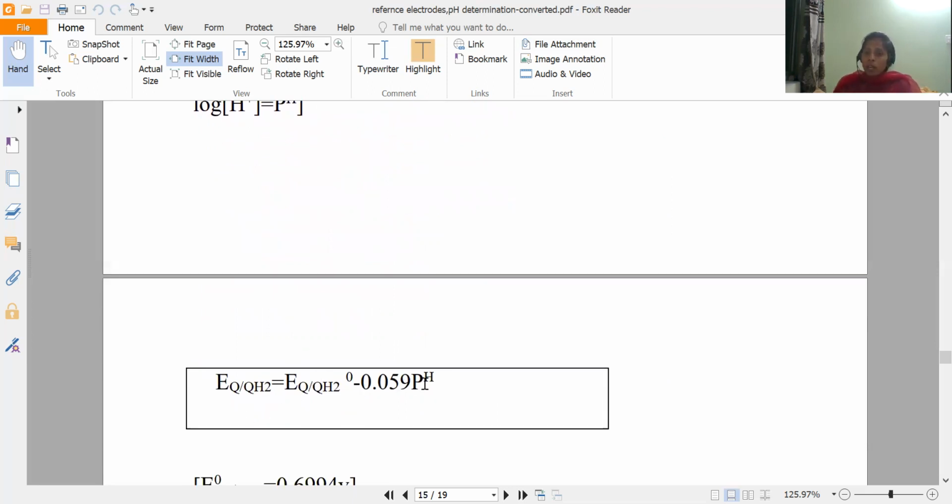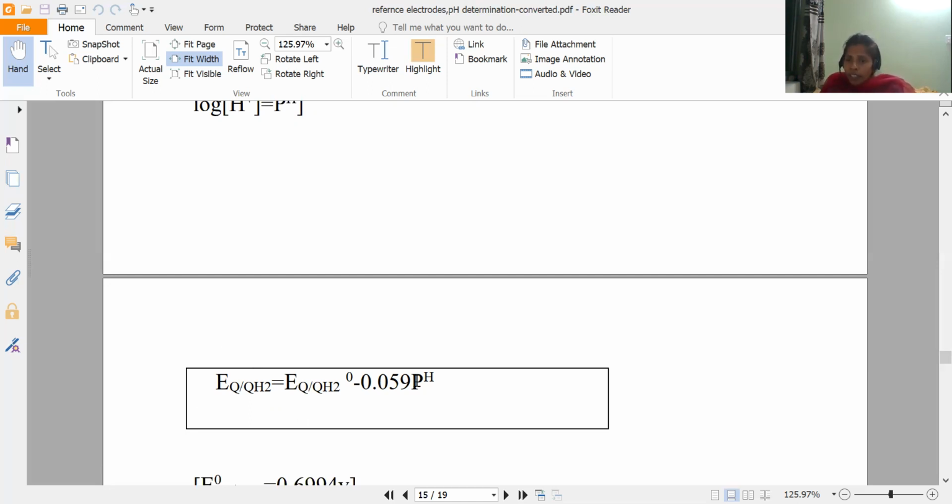But this is for the quinhydrone electrode. So in the place of E, we can write E of quinhydrone, quinone and hydroquinone. So we have written E Q,QH2 is equal to E naught Q,QH2 minus 0.059 pH. And this is the electrode potential of the quinhydrone electrode.